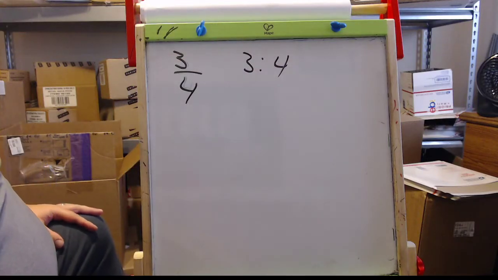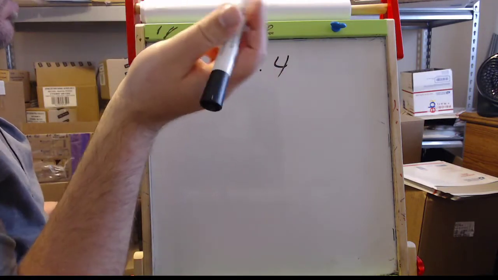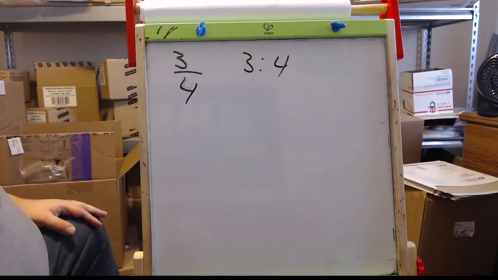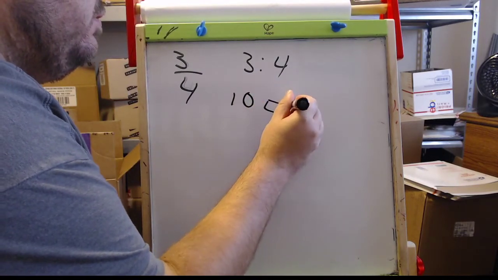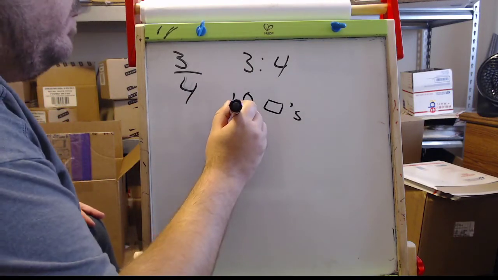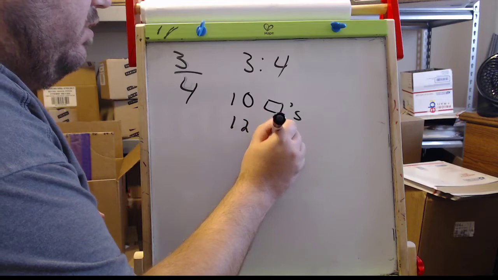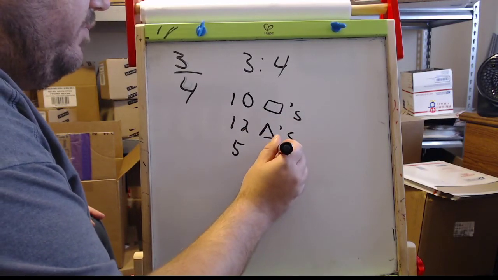So let's say we were doing examples. We have 10 squares. That looks more like a rectangle, so 10 rectangles and 12 triangles and 5 circles.